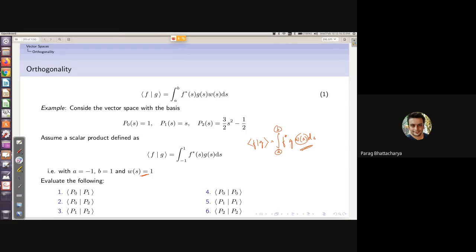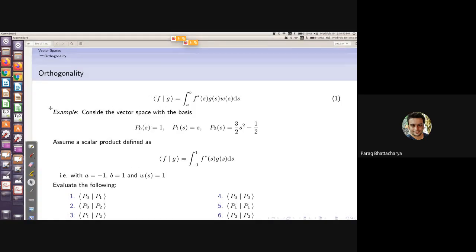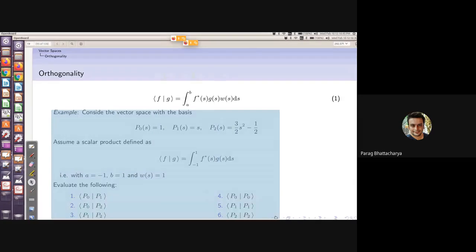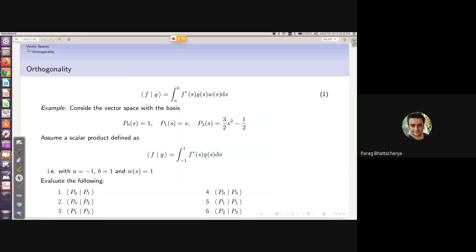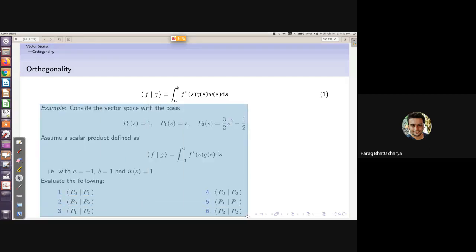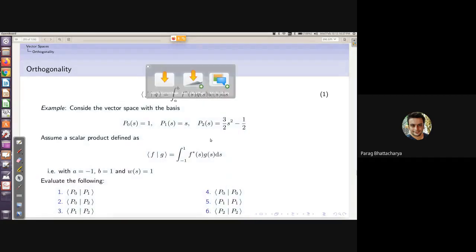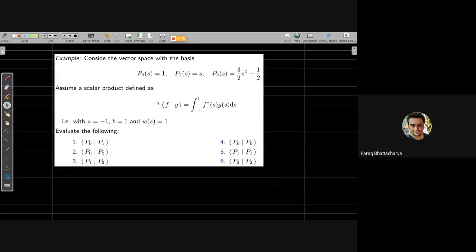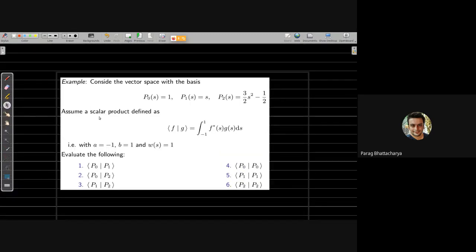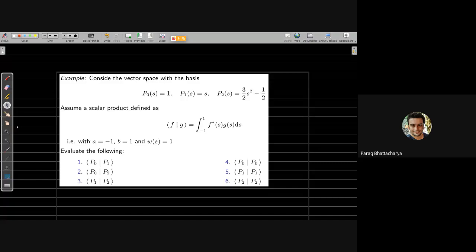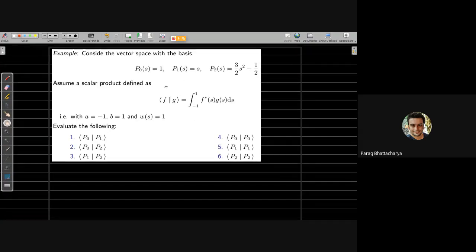So this is what we have: a vector space defined by this basis and a scalar product defined in this way. Is this a Hilbert space?